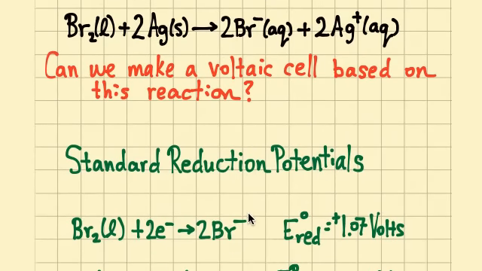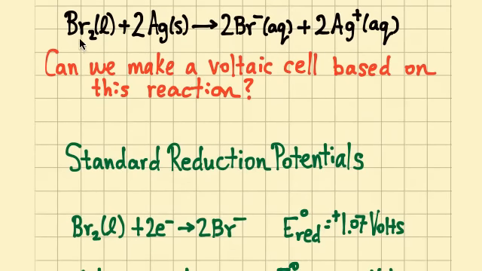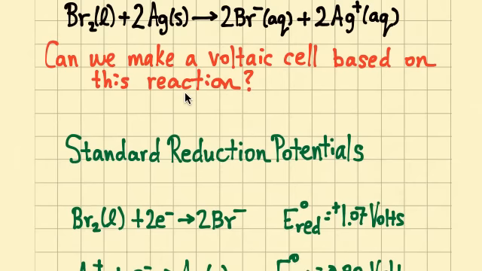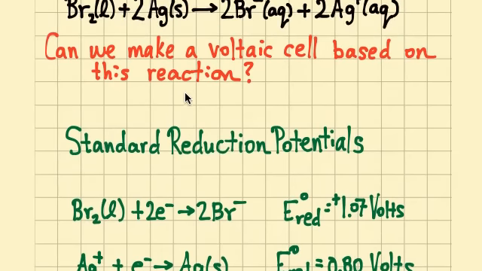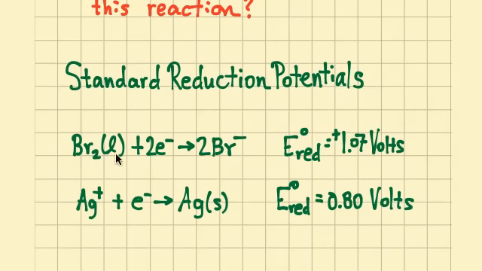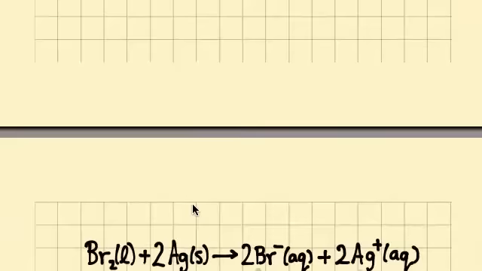Let's try another one. What if I wanted to make a battery from bromine and silver? Can you make a voltaic cell with bromine and silver? So I take the bromine half reaction and the silver half reaction. I saw that the bromine is more positive than that, so this one's going to happen in the order given. It's going to gain electrons from the silver, so I'm going to flip that silver reaction backwards.